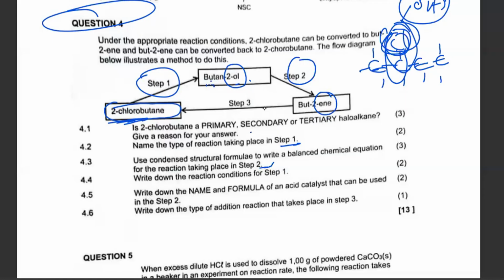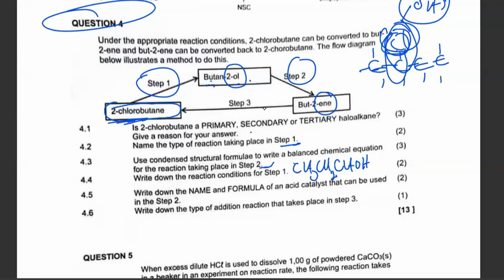They're saying condensed structural formula. So I'm going to write but-2-ol as CH3CH2CH(OH)CH3. It can be in brackets or not in brackets.